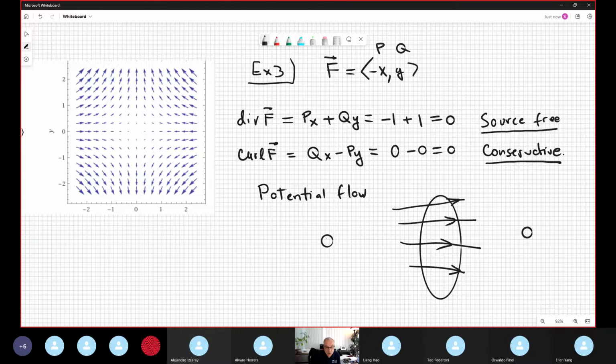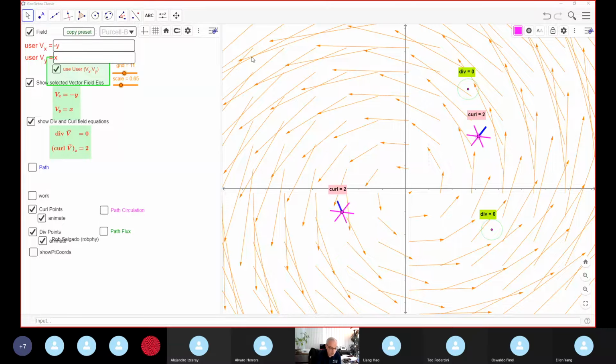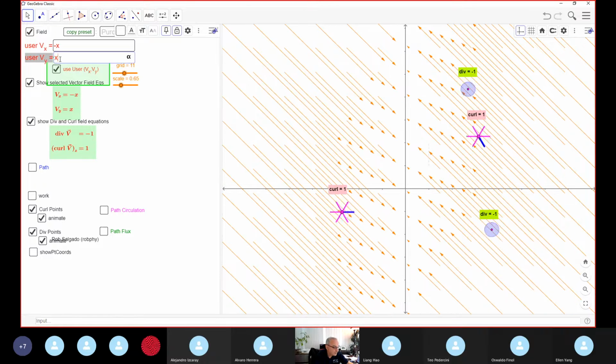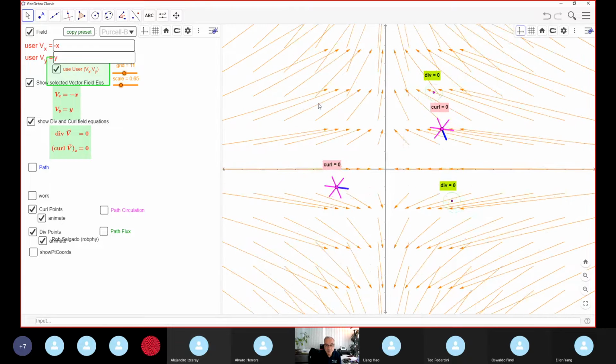Okay, let me share the screen to the application. Okay. Do you see the application? Okay, I want to change. This is minus x and positive y. Oh, weird. No, not weird.